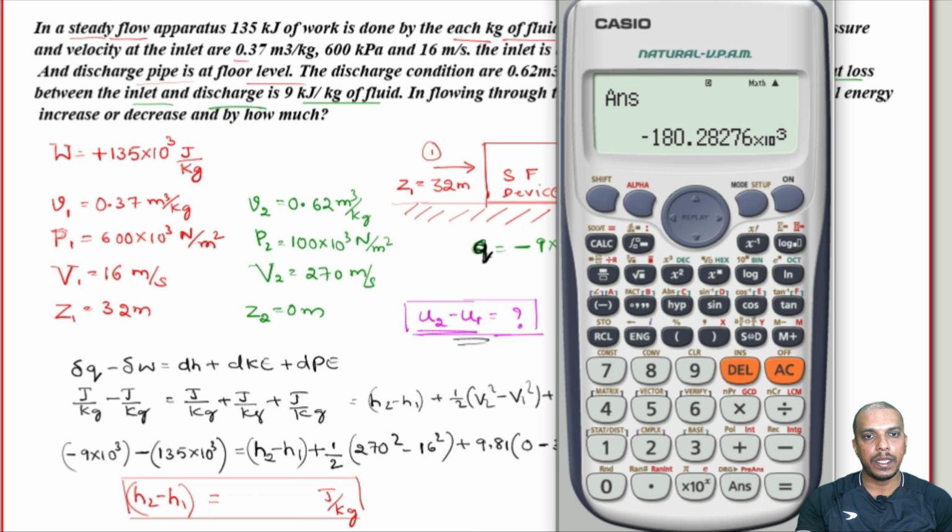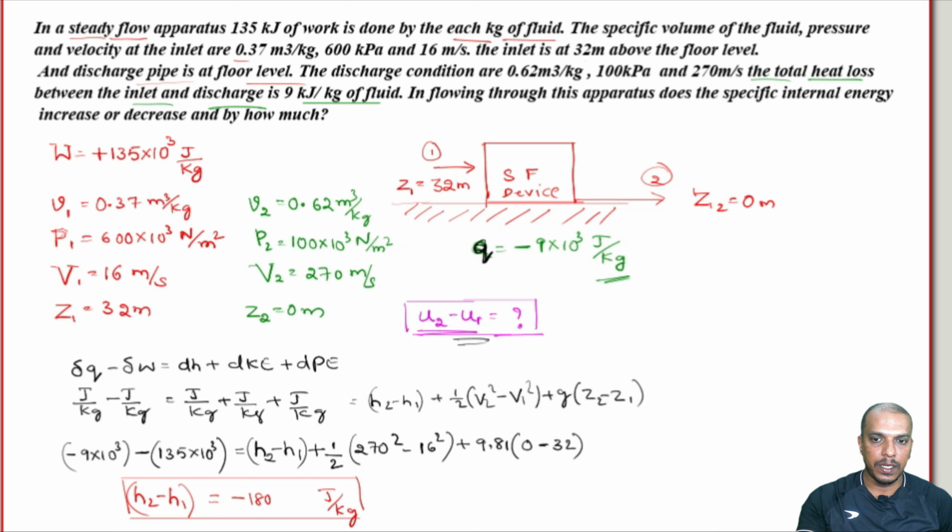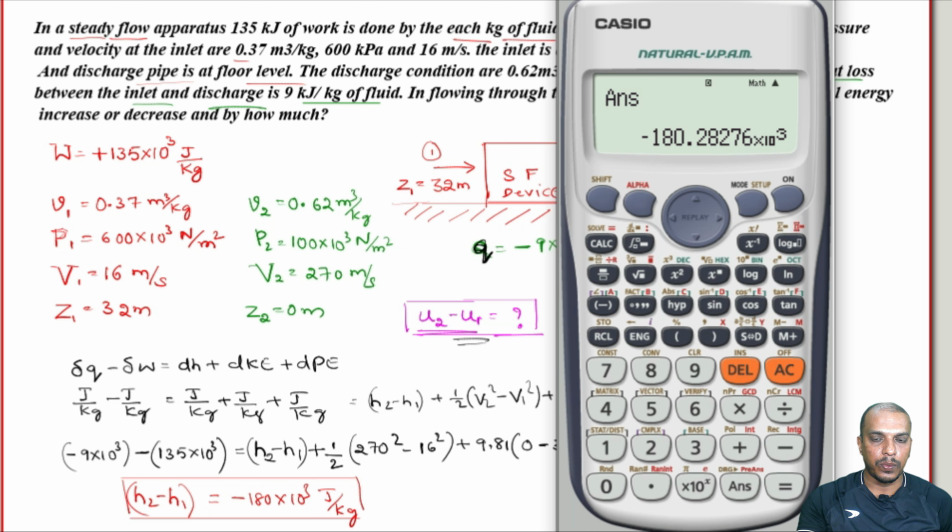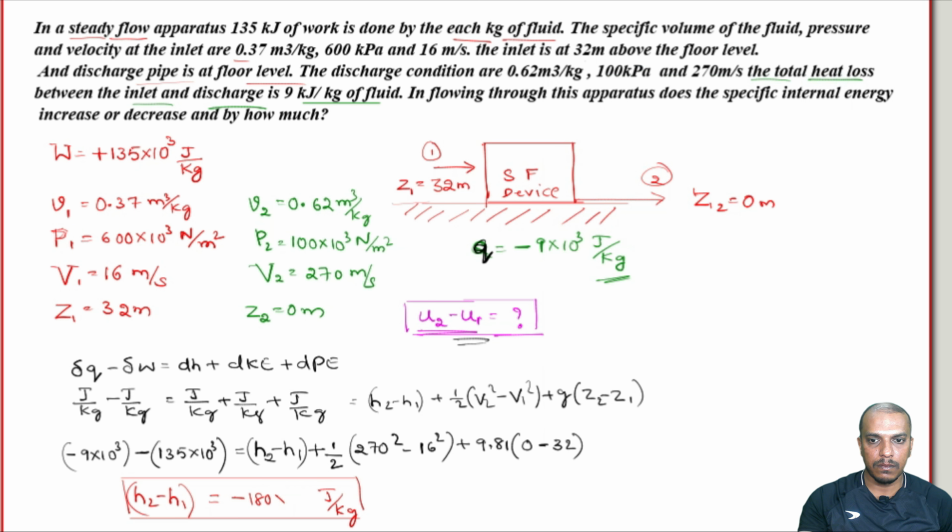That is minus 180, H2 minus H1 is minus 180 into 10 power 3. 0.28, yes, minus 180.28, or minus 180.3 into 10 power 3 joule per kg.